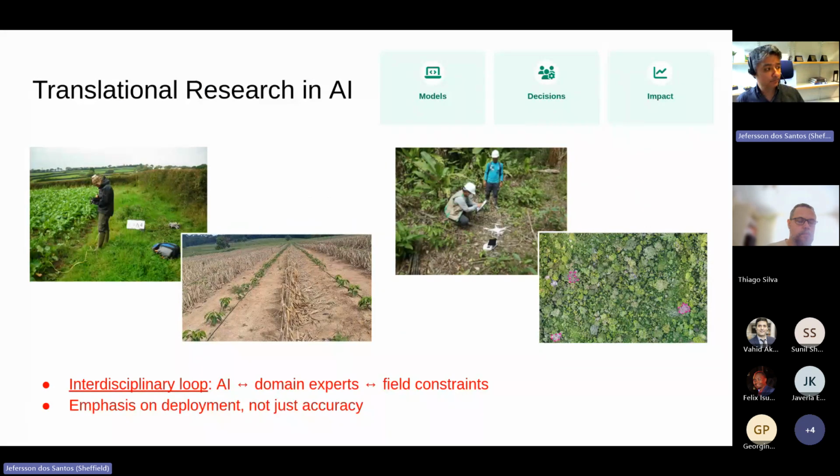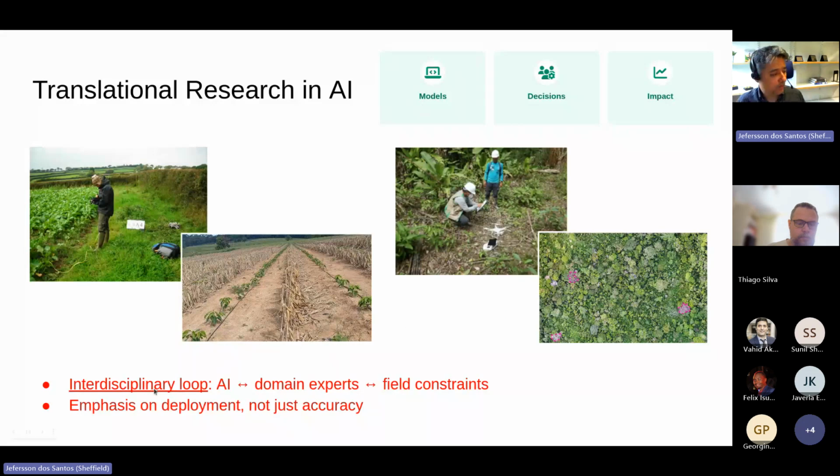As I mentioned, I'm very interested in translational research in AI. So what does it mean? It means that we cannot be closed in our labs working like before, and we need to interact more with domain experts, because deploying the methods is an important step to identify the challenges and to solve some real world problems.